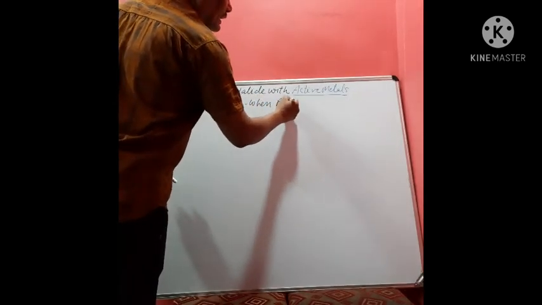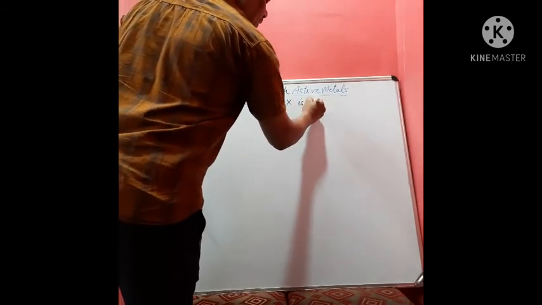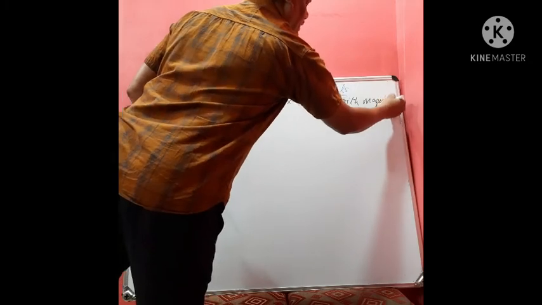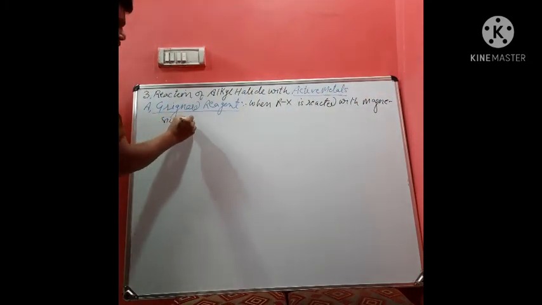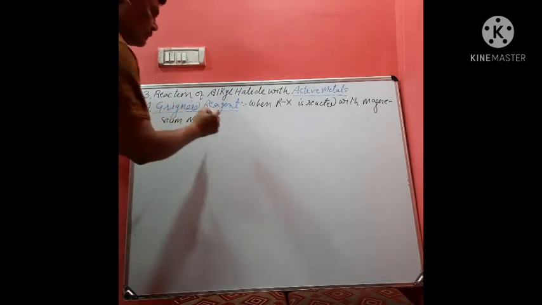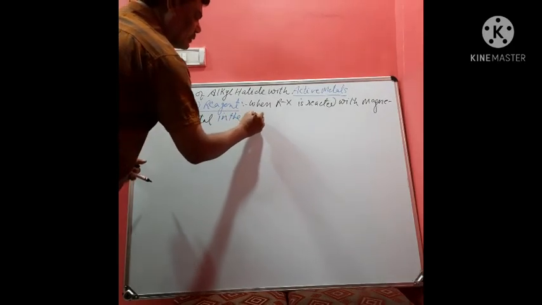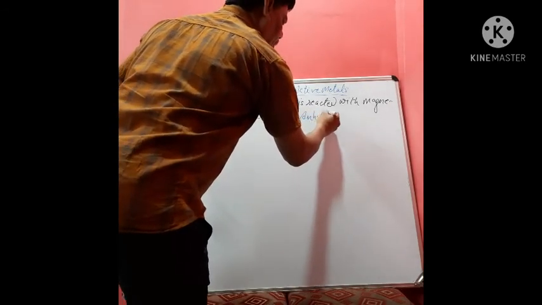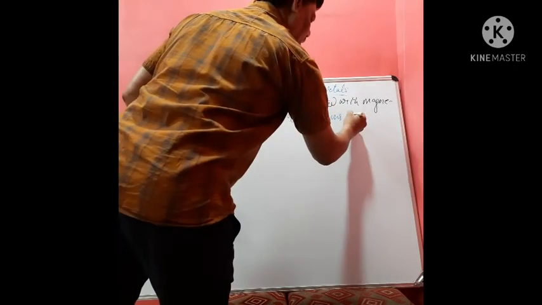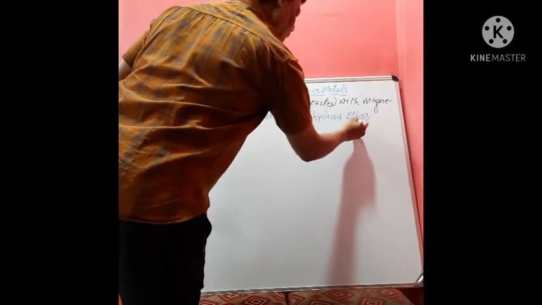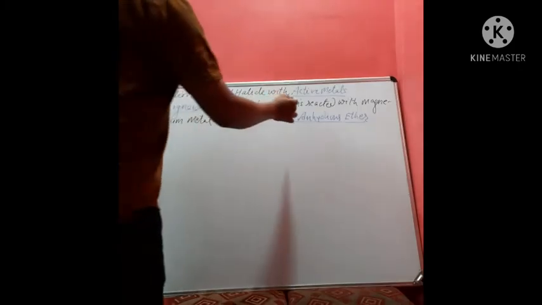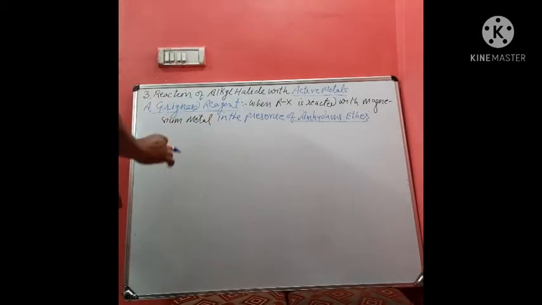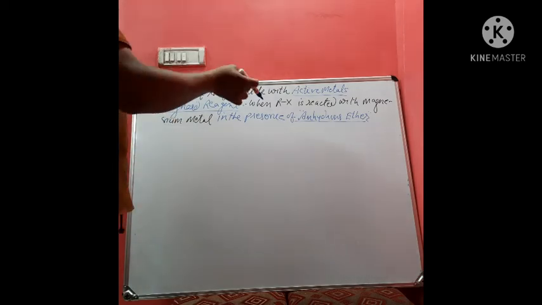When alkyl halide, say RX, is reacted with magnesium metal in the presence of completely anhydrous ether, that is the medium, the atmosphere of anhydrous ether is created during the reaction, and even the prepared Grignard reagent is also kept in anhydrous ether.